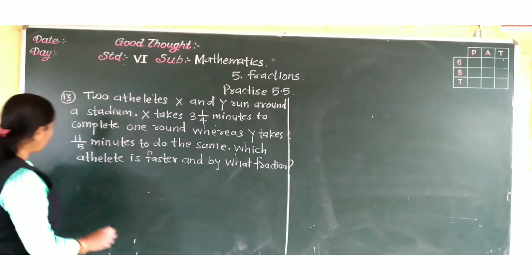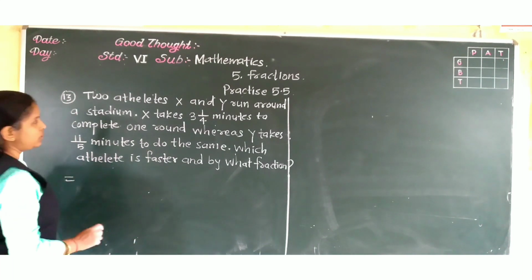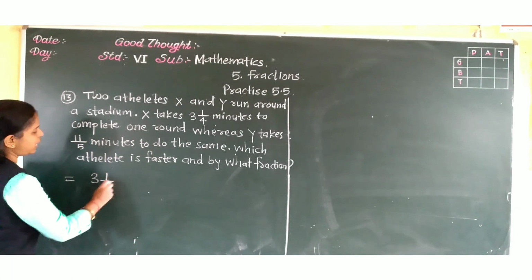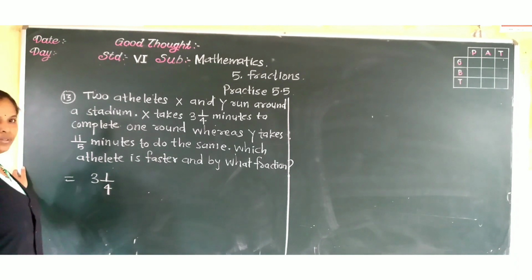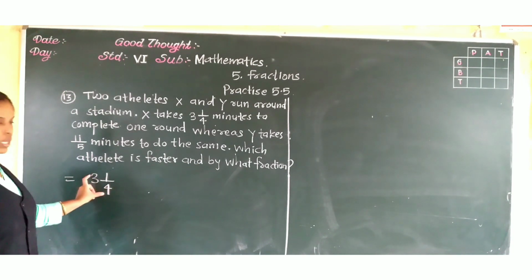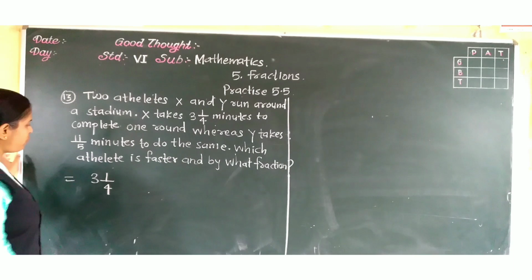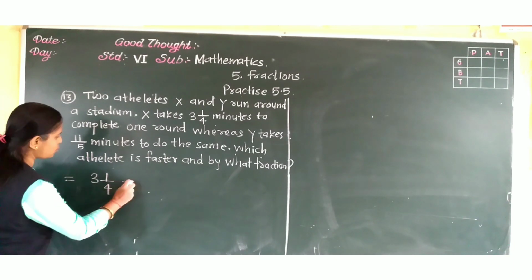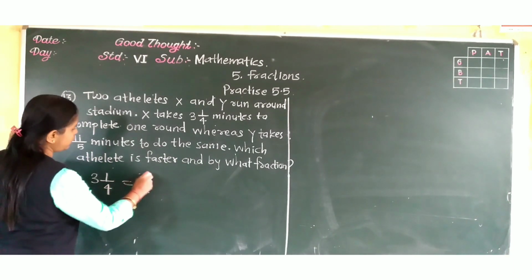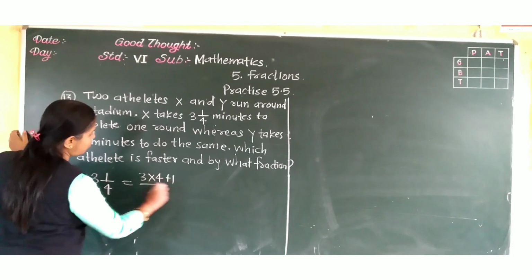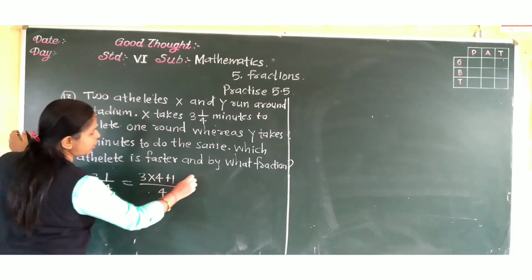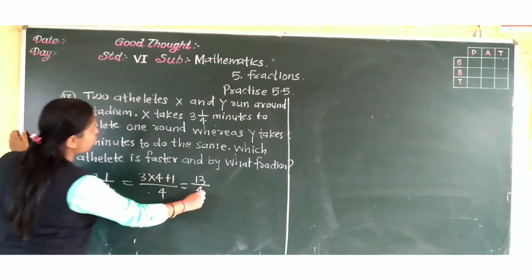So first take 3 and 1 upon 4. Now this I convert into an improper fraction. So how to convert? 3 into 4 plus 1 upon 4. That is 4 3s are 12 plus 1, 13 upon 4.